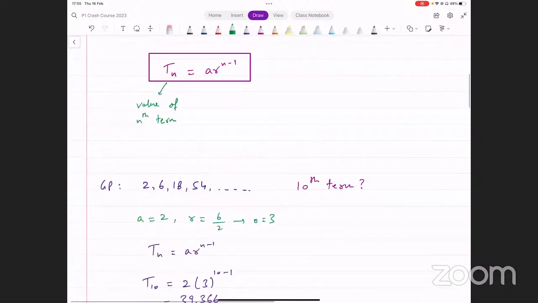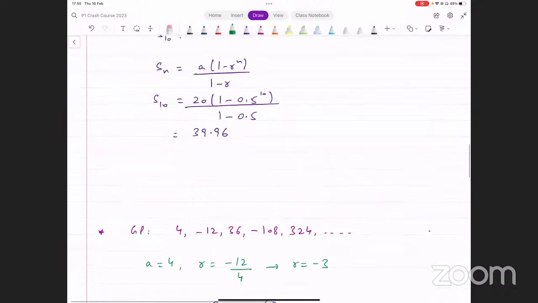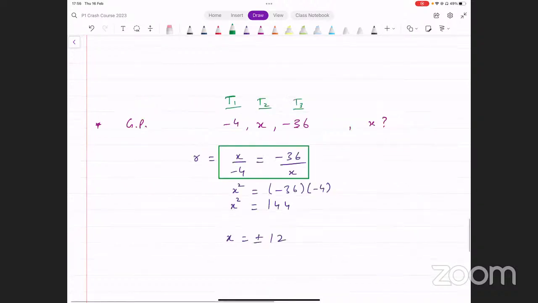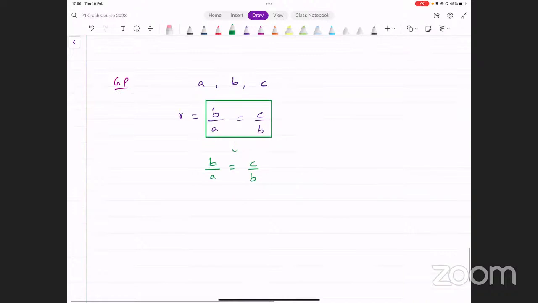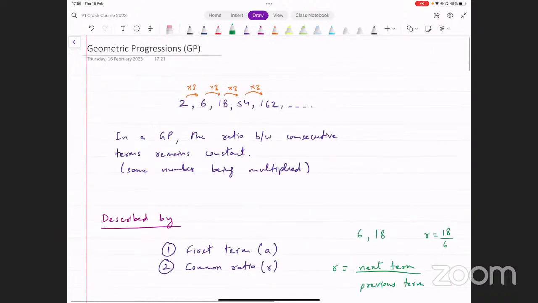And then again, we've done some examples and talked about this particular scenario, percentage increase or decrease, that it's classified as a geometric progression. And then we did some more examples in this as well. So this is what we've done until now. In the next class, we will be doing some practice questions, and then do the last concept, which is sum to infinity of a GP.